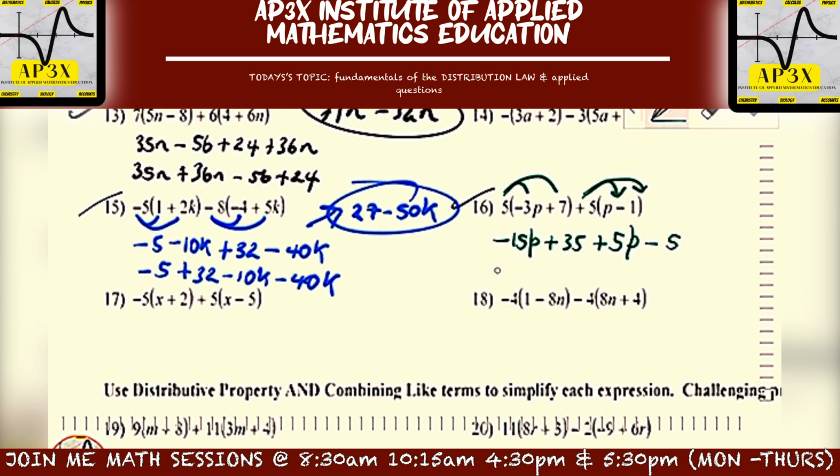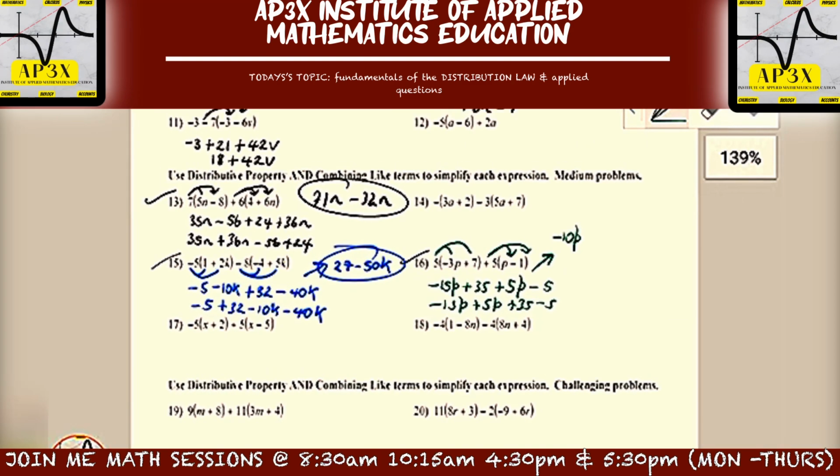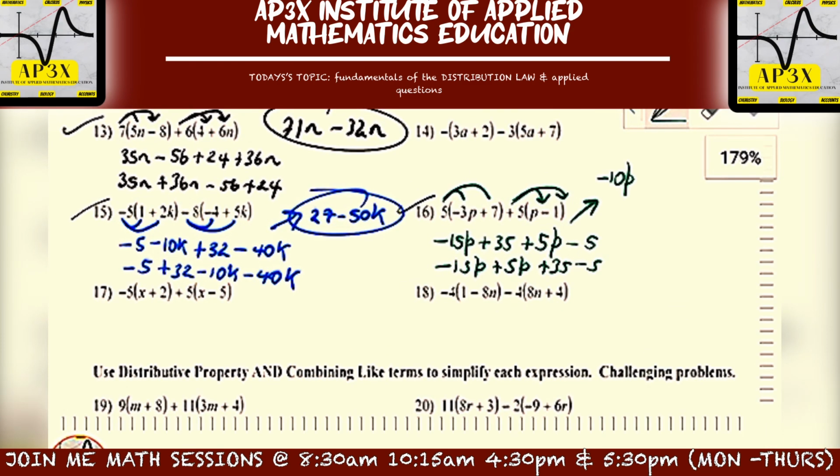Now we group like terms: minus 15p plus 5p plus 35 minus 5. We're moving a little bit faster now because we're more confident in what we're doing. So our final answer works out to be: I owe 15 and I have 5, pay the 5 that I have, and I'll still owe 10p. And 35 take away 5 is in fact positive 30, and there is our final answer.